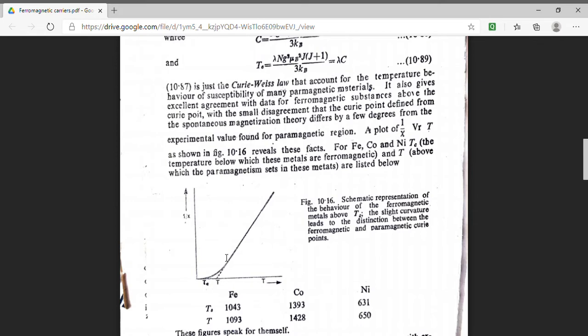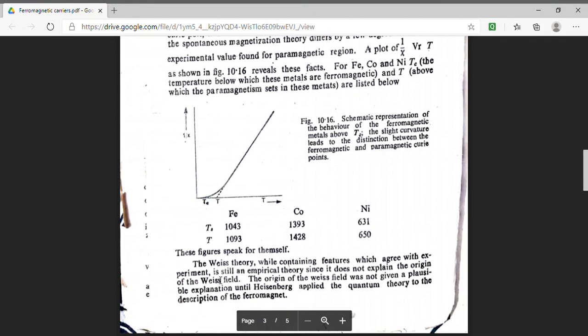T being the temperature at which paramagnetism sets in, and Tc the temperature below which the material is ferromagnetic in nature, we can clearly see that these two points do not coincide. There is a slight disagreement between these two points. So, experimental data and the Curie law only slightly differ.